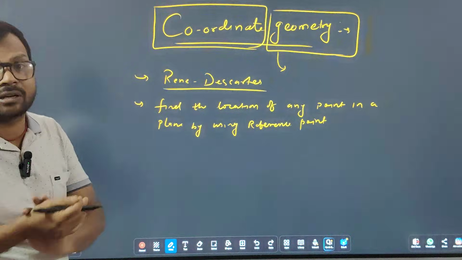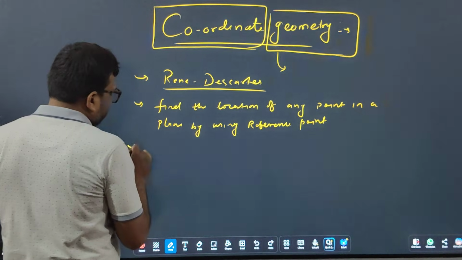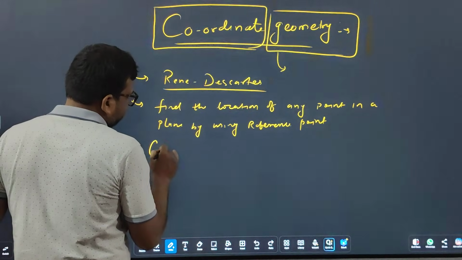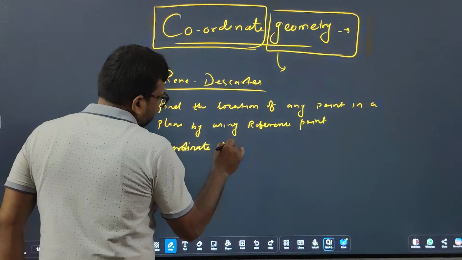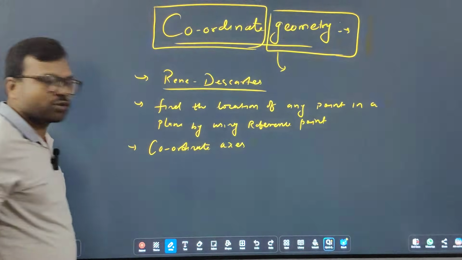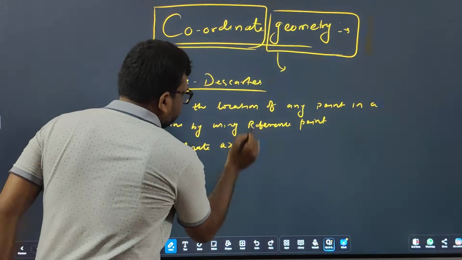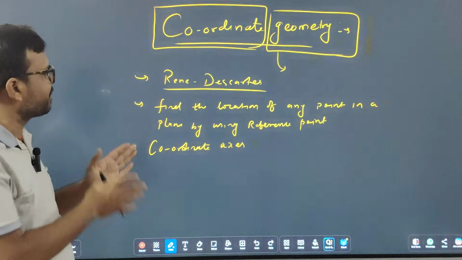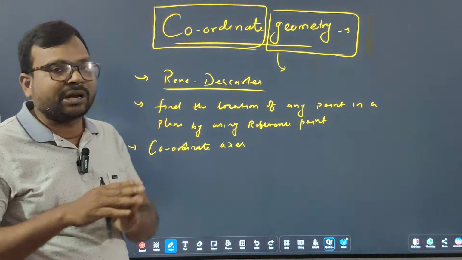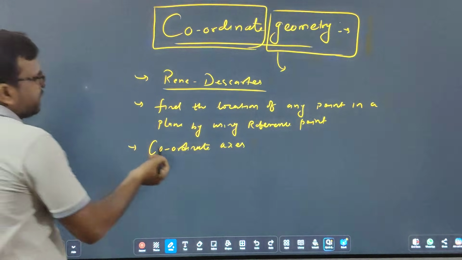So sir, what will be the reference point and what is it called? This time they are known as coordinate axis. So no more discussion regarding the use and the application of coordinate geometry. Before we start the chapter, here are the basic definitions.